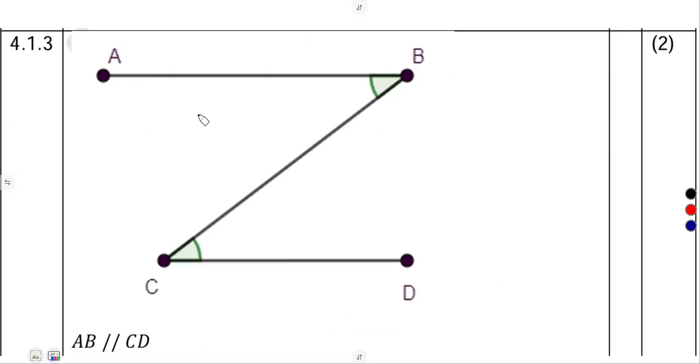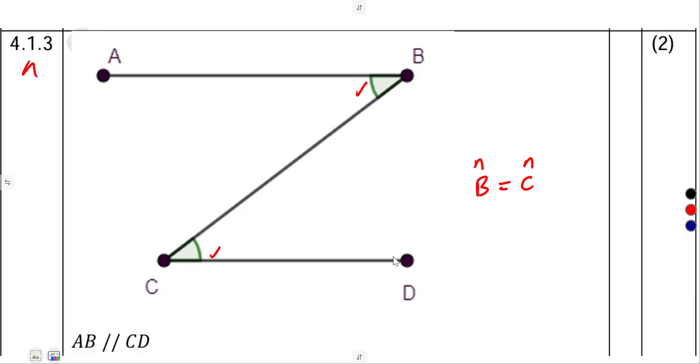If we are given this indication, 4.1.3, this indication here, they are trying to tell you that angle B and angle C are exactly the same. These two are equal. So if angle B is equal to angle C, is this statement true that AB is parallel to CD?